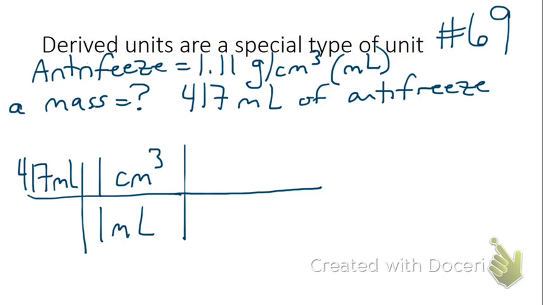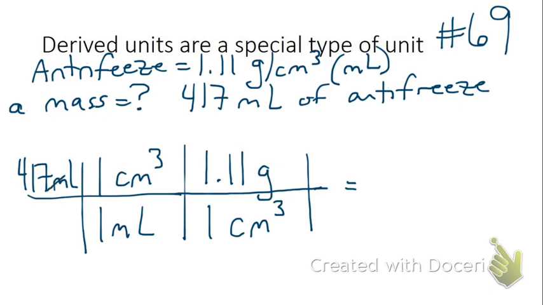So we now have 1.11 grams per centimeter cubed. So we know for every 1.11 grams, we get 1 centimeter cubed. And what we end with is the mass, the grams, that we were asked to solve for.